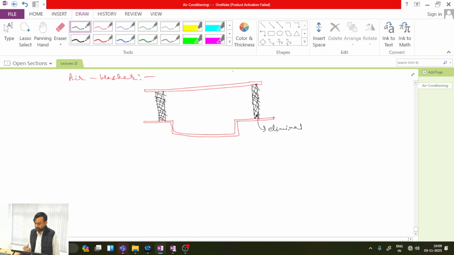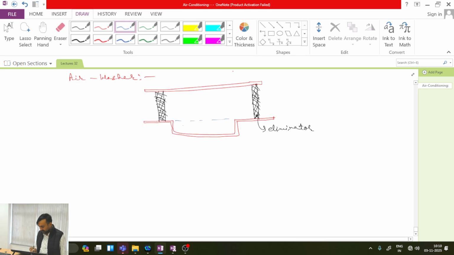I'll be doing certain things in this chamber which may lead to carry over of small sized fine droplets along with the air. So we need to avoid the motion of these droplets along with the air. That's why we use eliminator plates over here. Then at the bottom we have a sump.